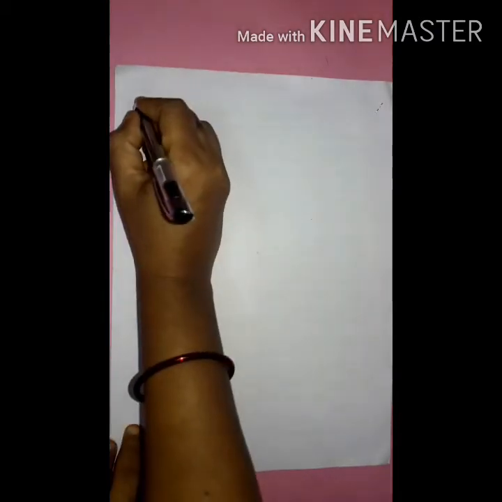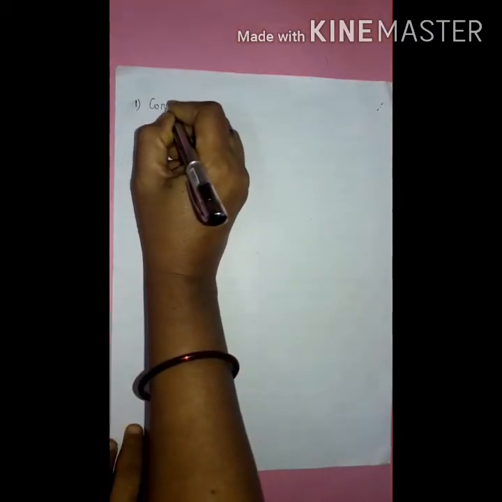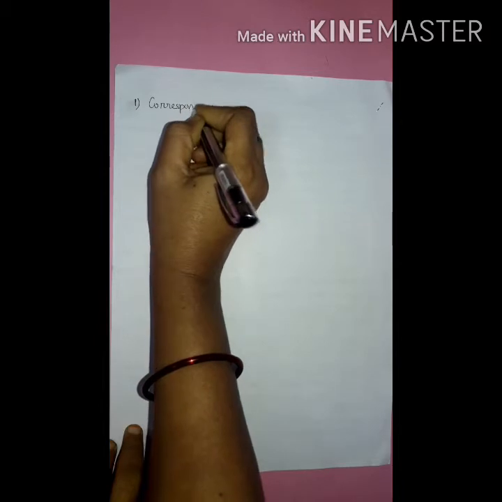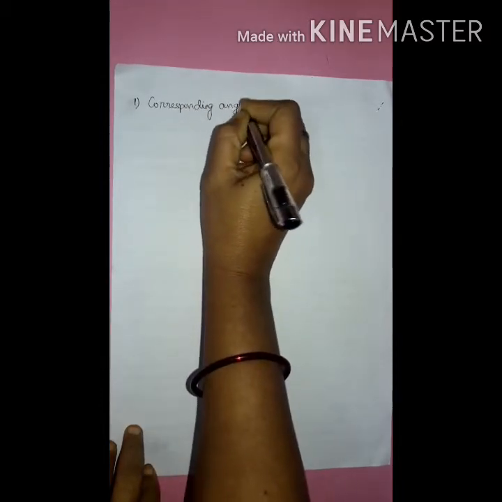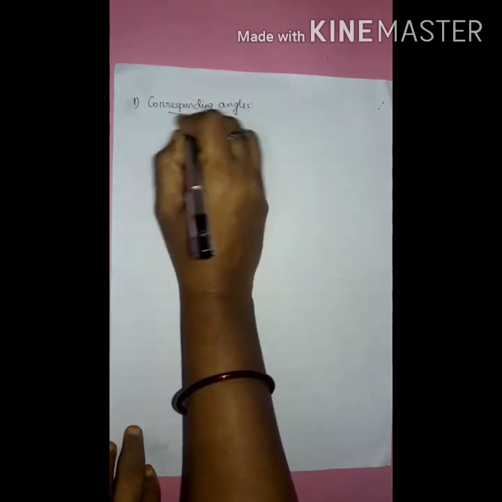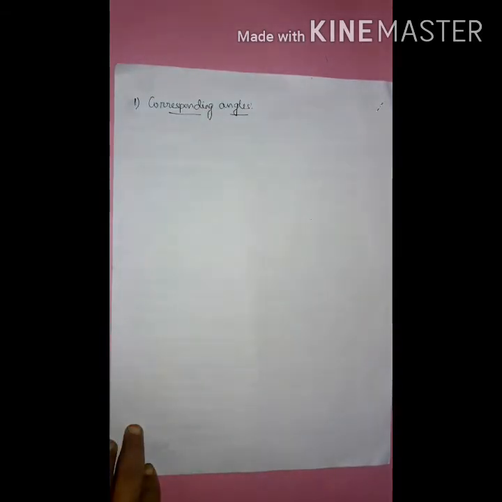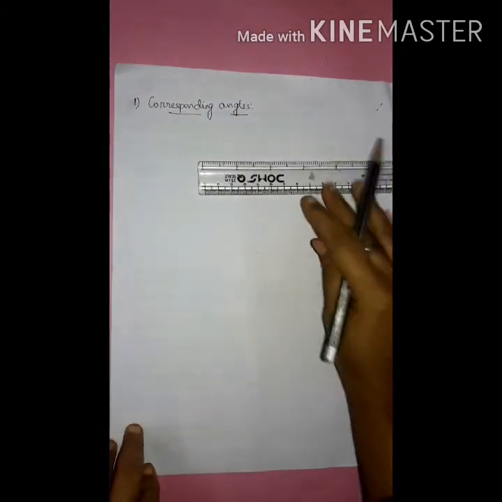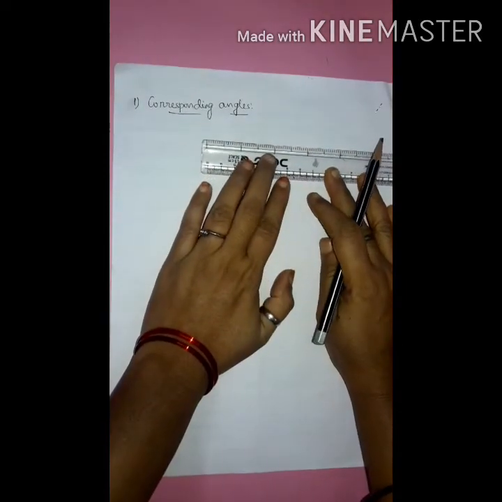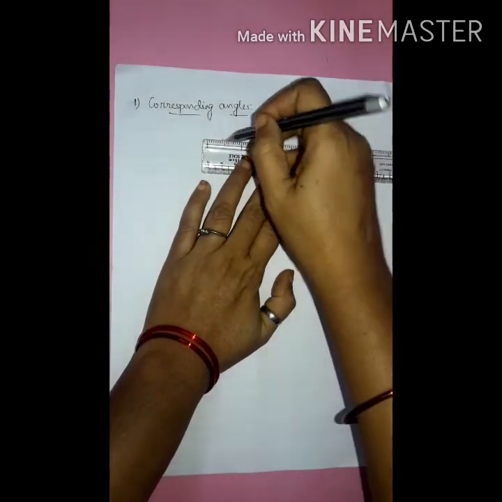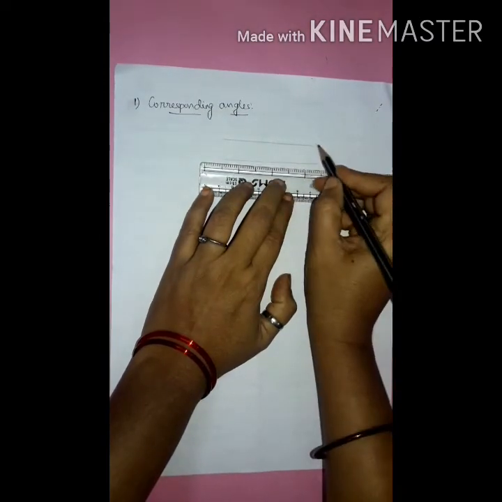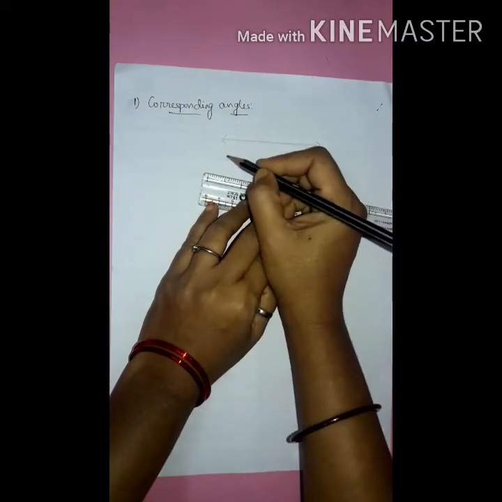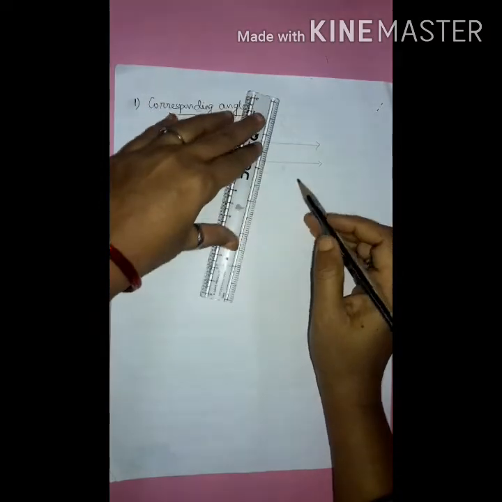First is corresponding angles. What are the corresponding angles here? When two parallel lines are intersected by another line, which is called the transversal line, this transversal line makes 8 angles.